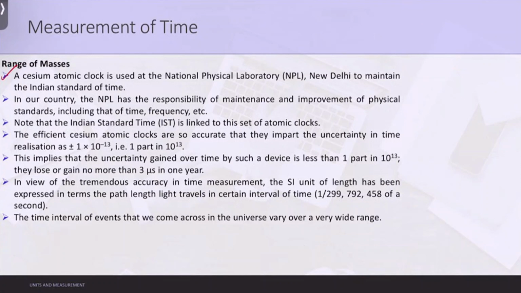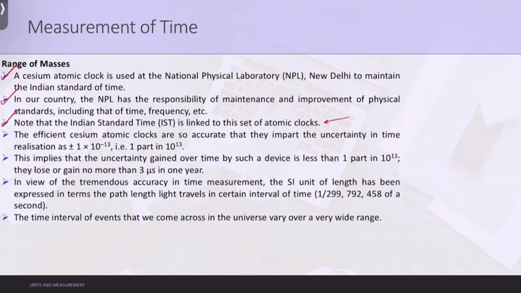In our country, the NPL has the responsibility of maintenance and improvement of physical standards, including that of time, frequency, etc. Note that Indian Standard Time, that is IST, is linked to this set of atomic clocks only. You may have heard that we are ahead by approximately 5 hours 30 minutes from Greenwich time. That IST is linked to these cesium atomic clocks only.